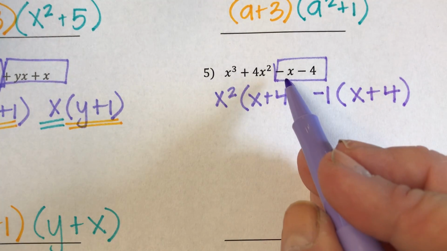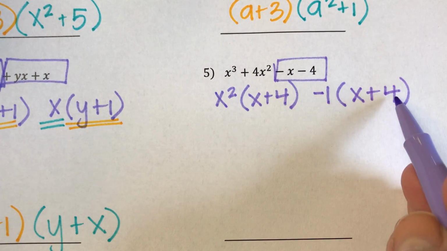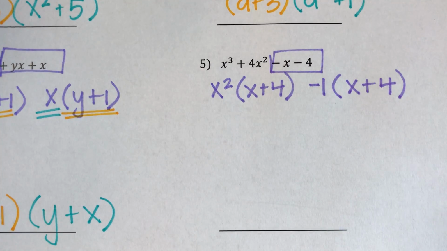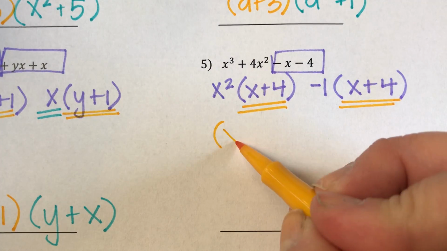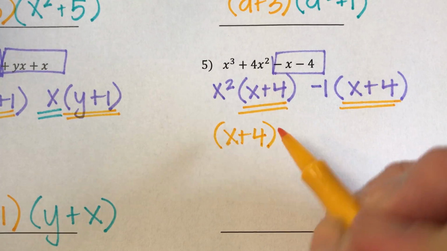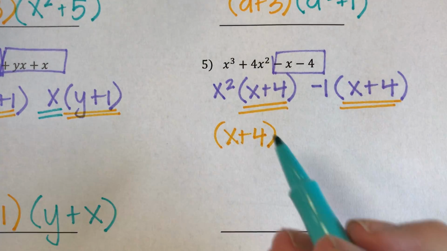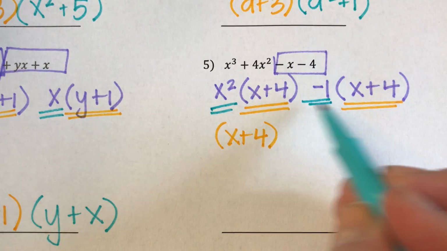Negative 1 times x is negative x. Negative 1 times 4 is negative 4. So my first, I'm going to write it a little different, and you'll see why in just a second, is made up of the matching one.